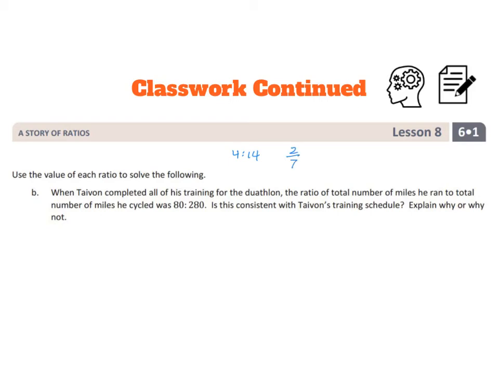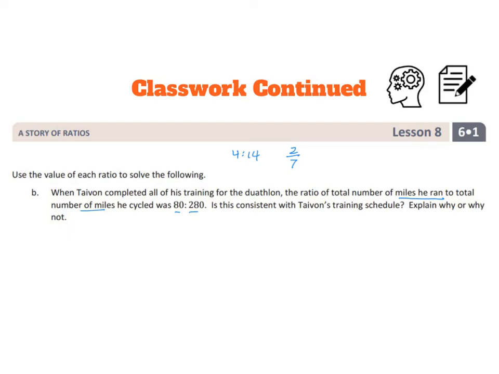When Tavon completed all of his training for the duathlon, the ratio of the total number of miles he ran to total number of miles he cycled was 80 to 280. Is this consistent with Tavon's training schedule? Explain why or why not.